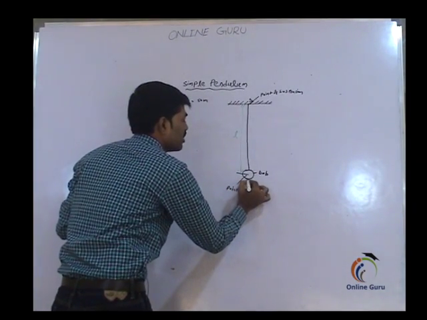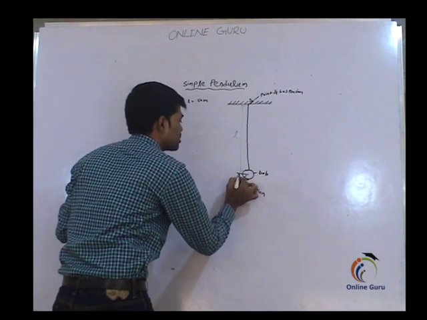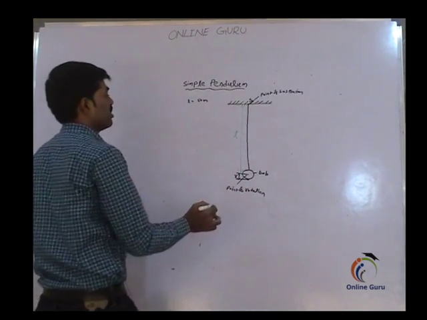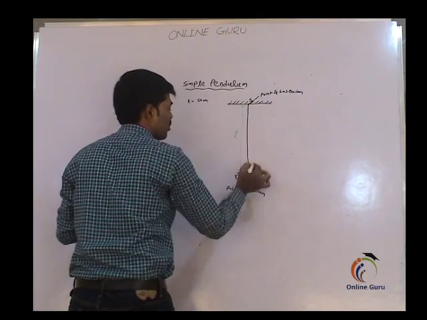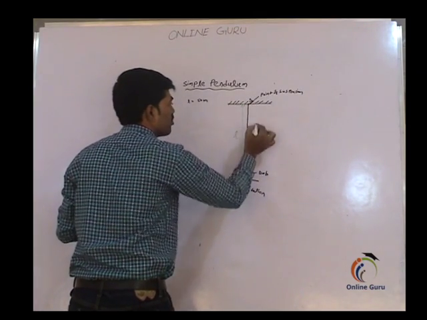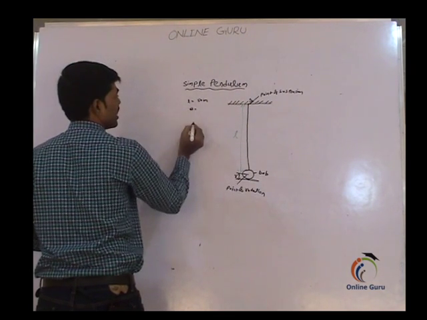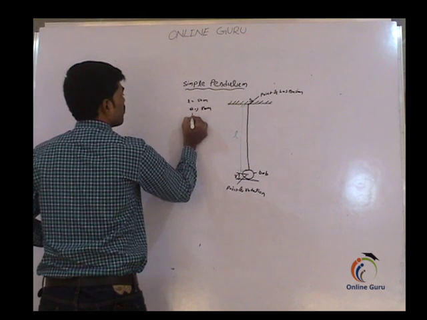That's why we measure the radius of the bob, and we include the distance from the point of suspension to the bottom of the bob, the total taken as A.